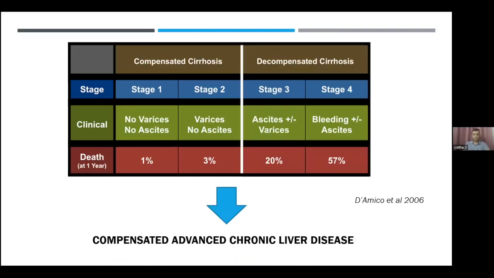This is a picture that we as hepatologists use very frequently. It was derived from a meta-analysis done in 2006, which compares the survival of patients with compensated cirrhosis and decompensated cirrhosis.